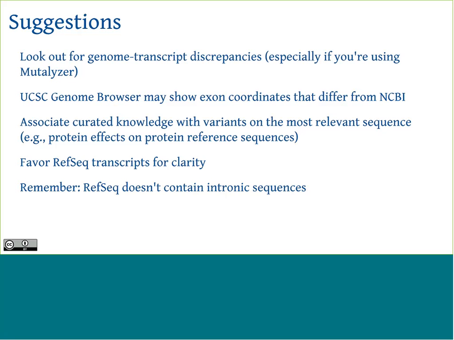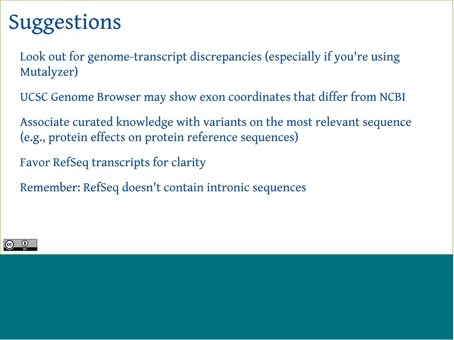Another one that I think is maybe not widely understood is that RefSeq sequences actually don't contain intronic sequences, and that's relevant when we talk about validation. For instance, if you have an HGVS expression that says something like c.20+13, where the plus indicates that you're 13 nucleotides into an intron, you can't actually validate that.